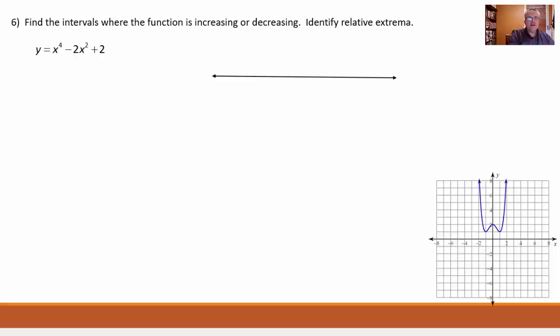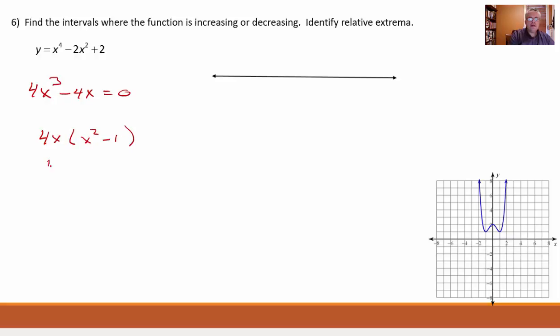First step, find the derivative and set it equal to 0. So we have 4x cubed minus 4x equal to 0. All right, we have to solve this. We can factor out actually a 4x. So this would be 4x times x squared minus 1.